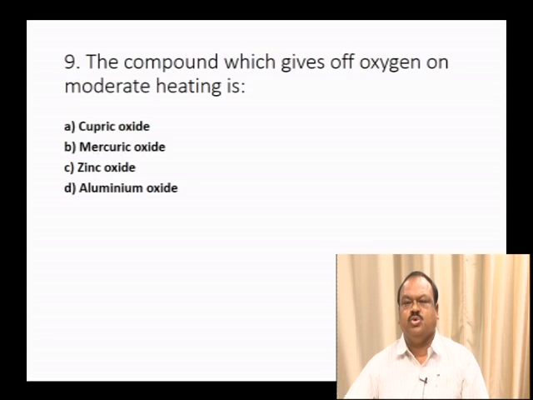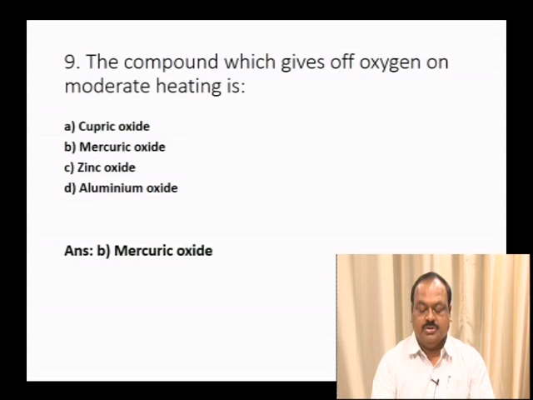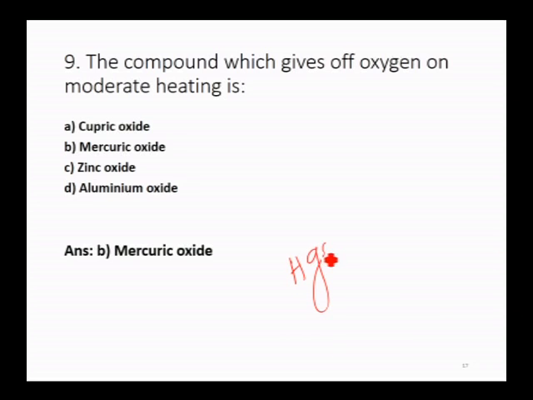That is, the suitable answer is mercuric oxide, whereas cupric oxide, zinc oxide, aluminium oxide need reducing agents to separate the oxygen from those metal oxides. At very low temperature, mercuric oxide produces oxygen as per Ellingham's diagram.